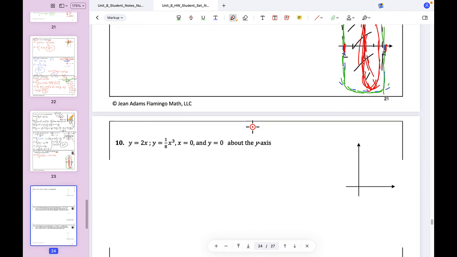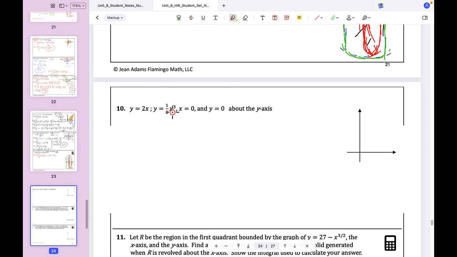The only difference is this function y equals 1/8 x cubed. That's actually going like this. But because it's bound between x equals 0 and y equals 0, we're only talking about this quadrant here. So I'm not concerning myself with that part there. And then we have a linear function.